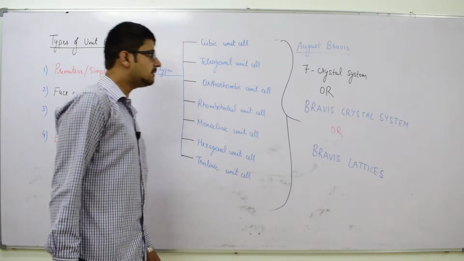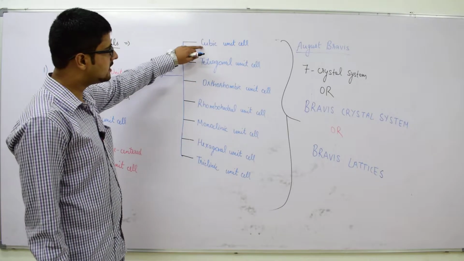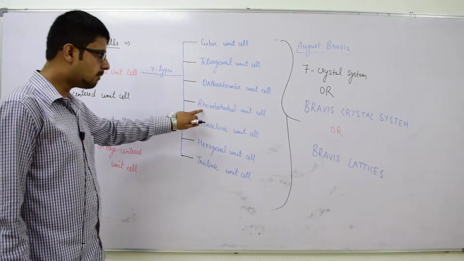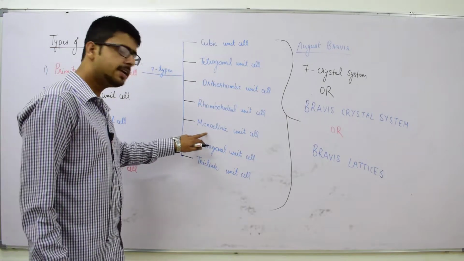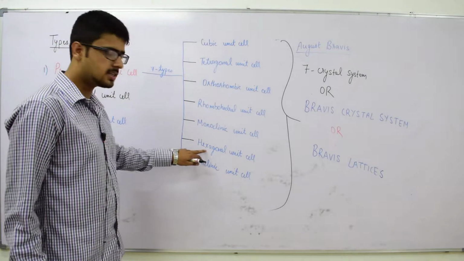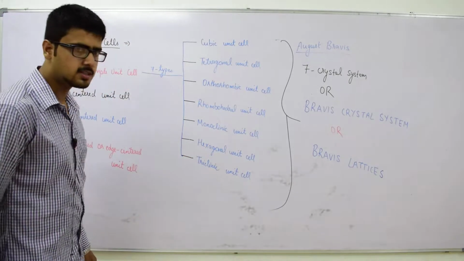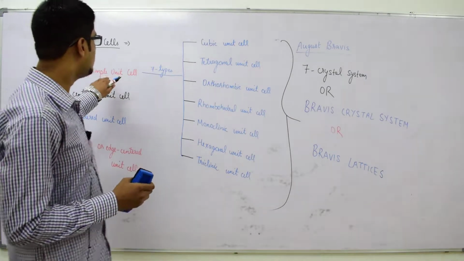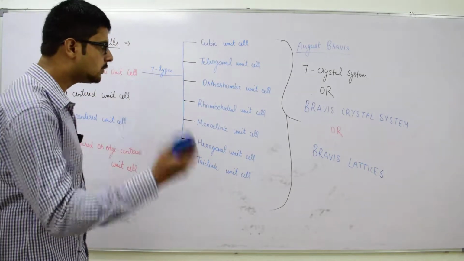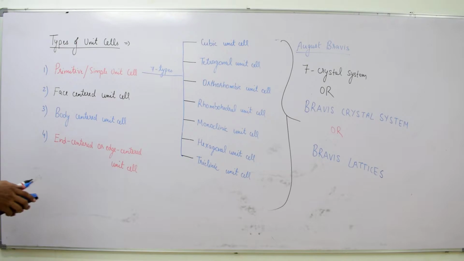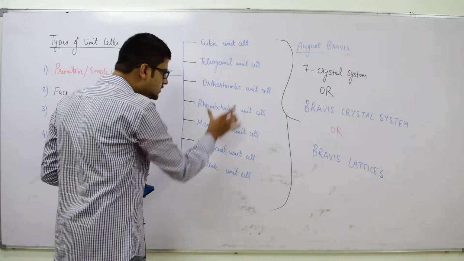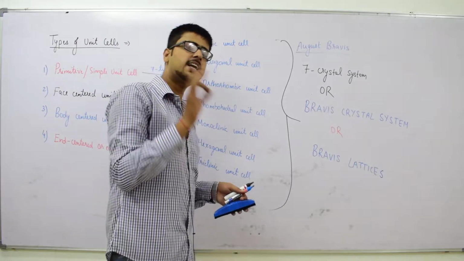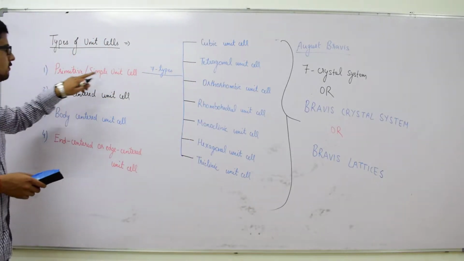These 7 crystal systems are cubic, tetragonal, orthorhombic, rhombohedral, monoclinic, hexagonal, and triclinic unit cells. Now, let us see the difference between these 7 types of unit cells which are characterized under primitive or simple unit cell.